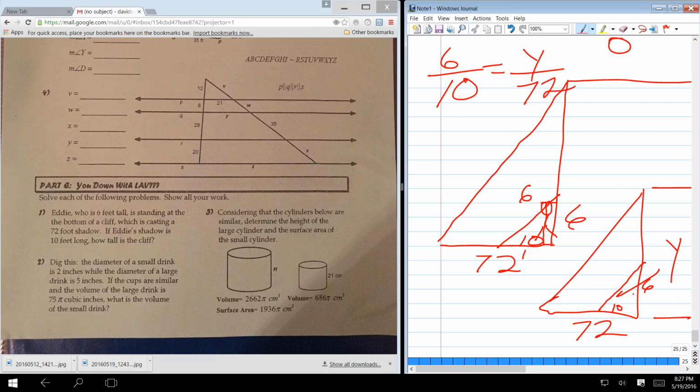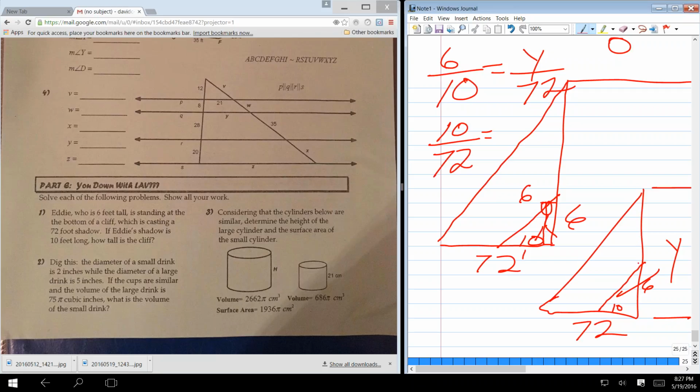Is to relate two sides within the same triangle and then find the same two sides in the bigger triangle. Rather than trying to relate 10 is to 72 as y is to 6, but notice that's also true. I can relate the base of this triangle to the base of the big triangle.